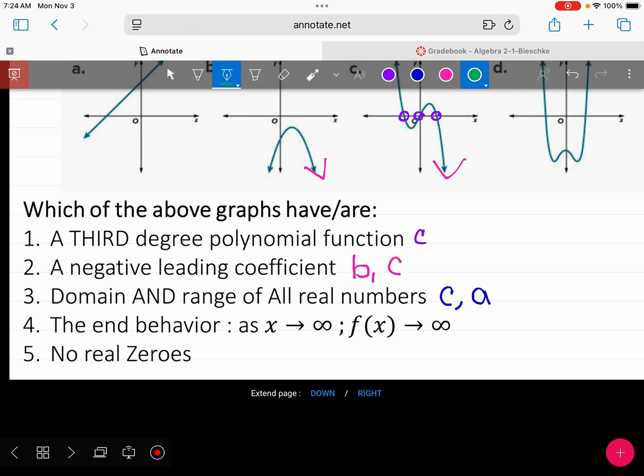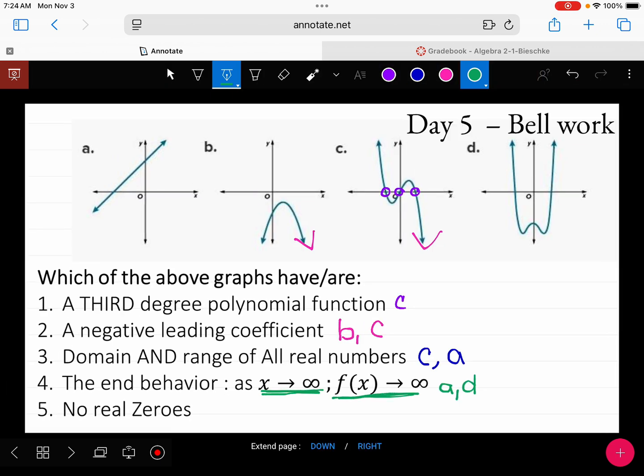A, and D. Because what this tells us is the right arrow, x goes to infinity, goes up. So right arrow going up, that's this guy here and that guy here. That tells us that these two equations also have that positive leading coefficient. That right arrow is going up.